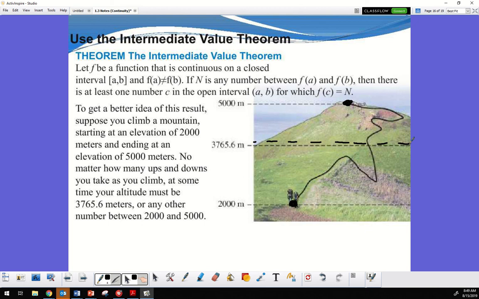I don't know. But this is the intermediate value theorem. If he starts here and he ends over here and it's continuous, at some point he had to cross it, right? That's what we mean by the intermediate value theorem. That's all it is. It was a big, nasty concept when I took calculus. I didn't know what he was talking about ever. So just remember, at some point, the duck crossed the road.